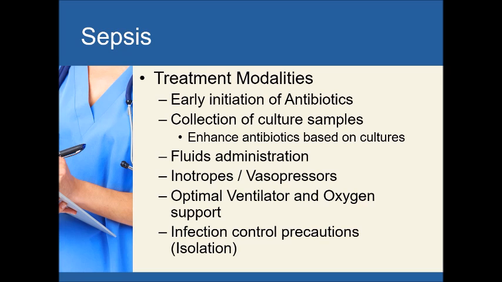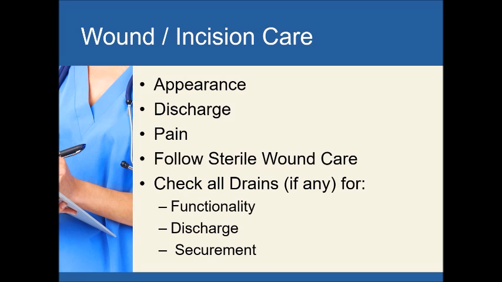If the patient is breathing on their own, then we can titrate the amount of oxygen they need. However, if the patient becomes lethargic, obtunded, and is not able to protect their airway, then endotracheal intubation might be required to provide ventilation, oxygenation, airway protection, and secretion management. And again, infection control precautions, putting the patient under isolation to protect the patient, the staff, and other patients, is paramount in preventing the spread of diseases.